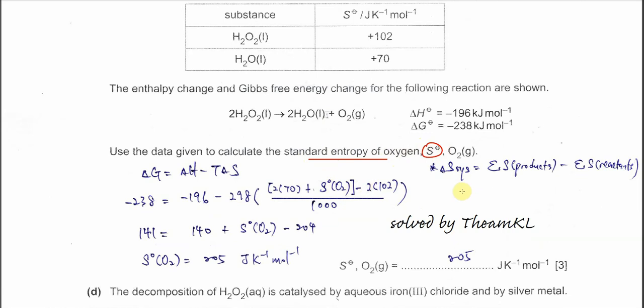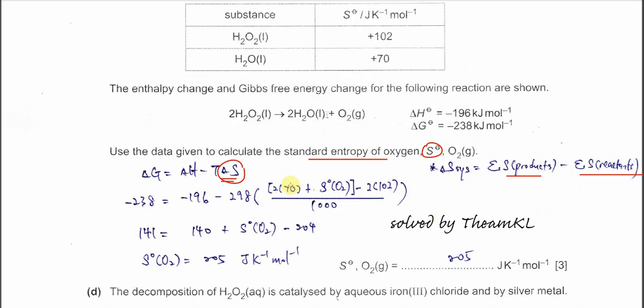First, you need to know how to get the delta S in the Gibbs equation. For delta S, we need the sum of the molar entropies of the products minus the sum of the molar entropies of the reactants. This is how we get the delta S of the system.